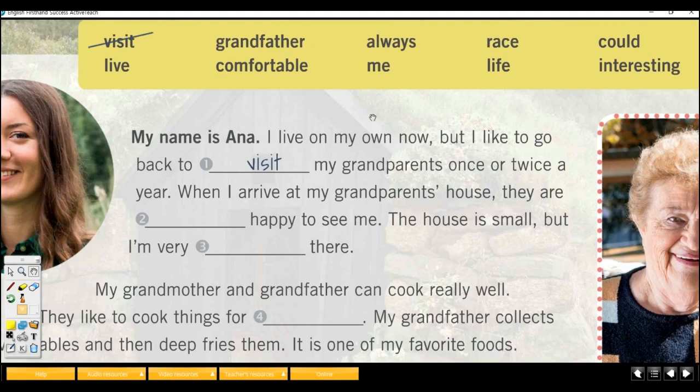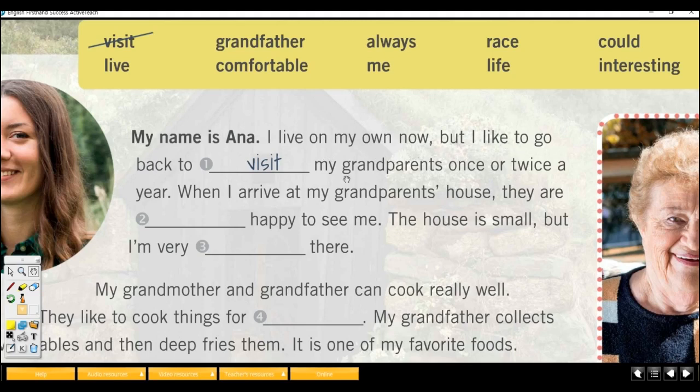Okay, 지금 자취해서 살아요. I live on my own now. Okay, 아니면 혼자서 살아요. I live on my own now. Okay, 이거 들으면 아마 할머니 할아버지 집에서 옛날에 같이 살았어요. 그 느낌이 나와요.